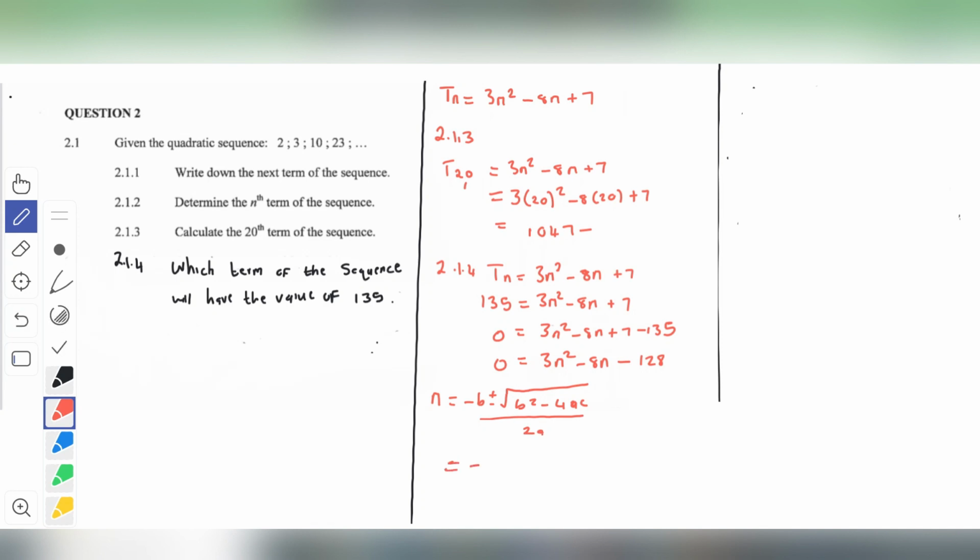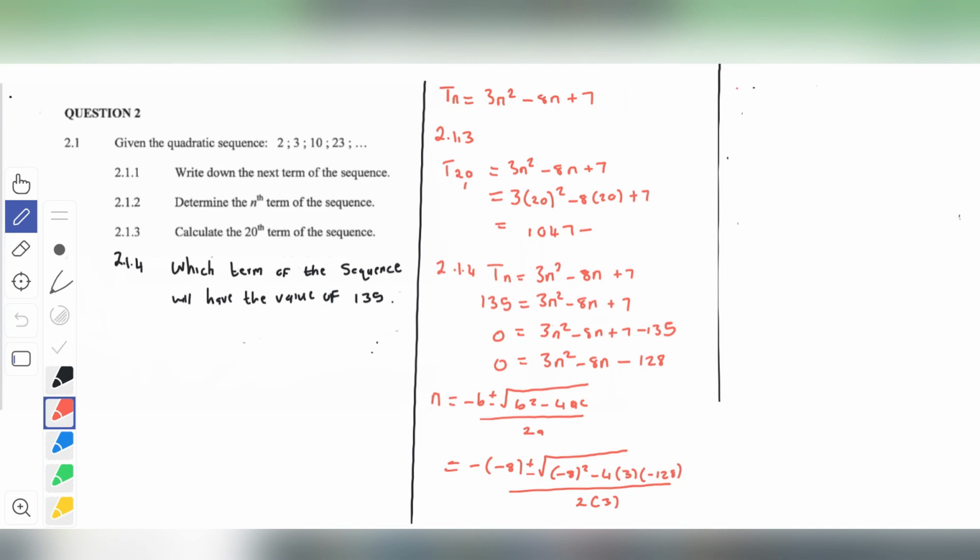We have minus our b, which is negative 8, therefore plus or minus the square root of negative 8 squared minus 4 times a, which is 3, and then c is minus 128, all over 2 into 3, right?